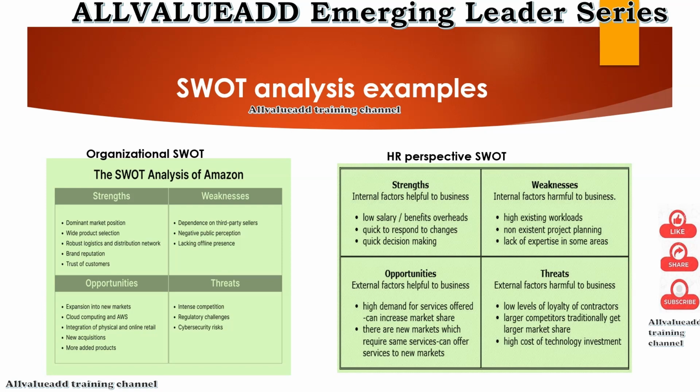HR strengths. What are the weaknesses that we look at? Maybe a high existing workload, maybe the pressure of projects and so on. Workforce management might be a little complicated because you have to manage and use people for different shifts, and you might want to look at overtime and other benefits that we might need to provide.